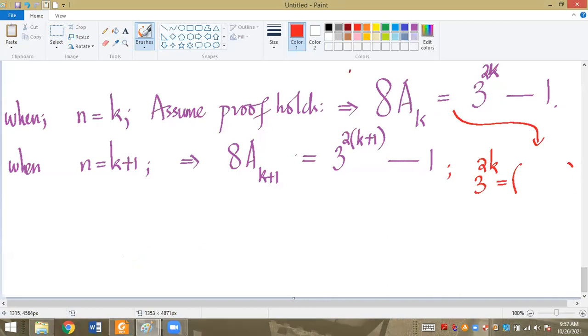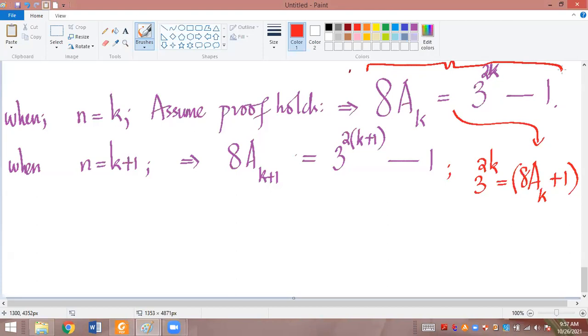That is the same as 8a_k plus 1. I want people to agree about that. From this statement here, make that 3 power 2k the subject. What will happen when you do make it the subject? It will be 8a_k plus 1.